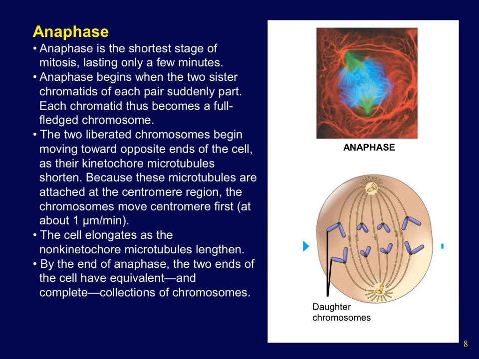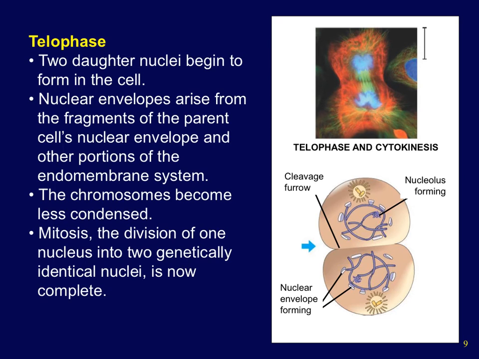And then finally, we have telophase. So the two daughter nuclei begin to form in the cell. This is going to form a nucleus.